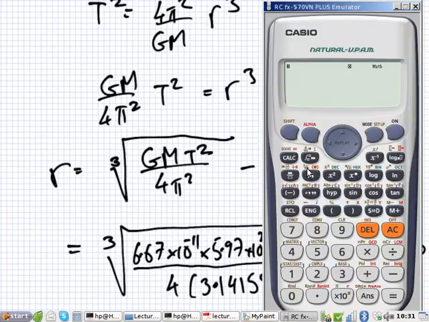Let's just hit it in here. Where's the cube root? Cube root fraction 6.67 times 10 to the power of minus 11 times 5.97 times 10 to the power of 24 times 24 times 3600 squared all over 4 pi squared, minus 6371000.